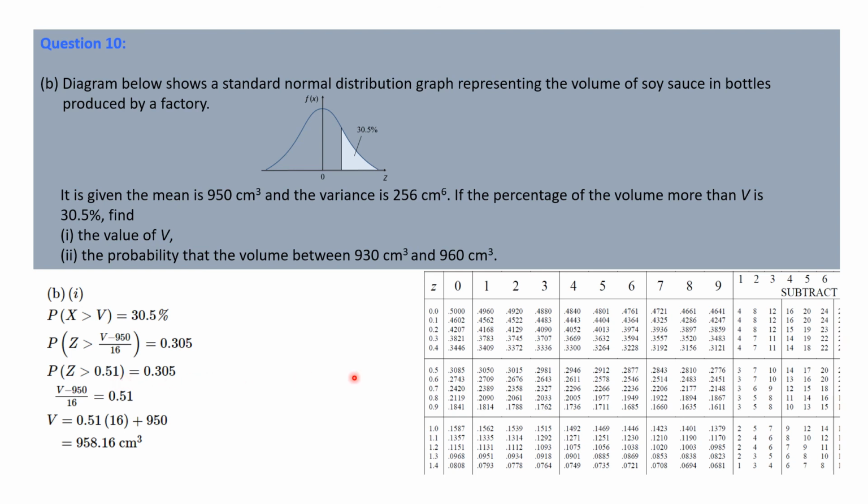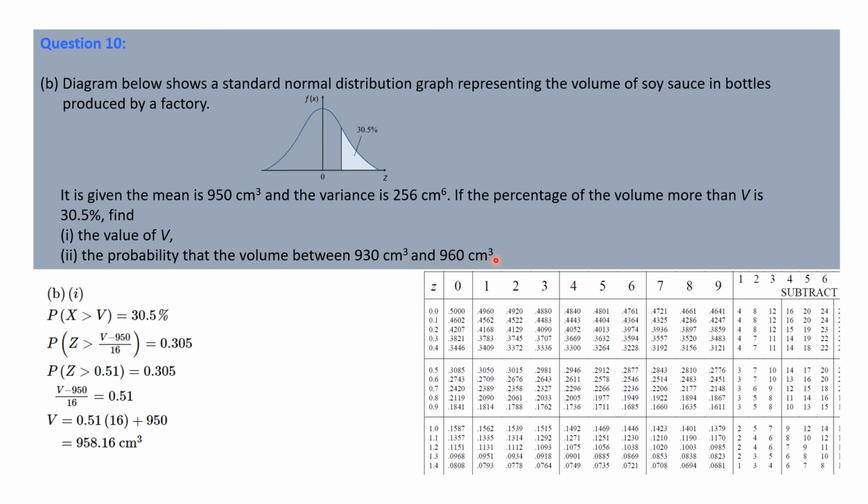So you have to find from inside out. 0.305 is here, and then the value of z will be 0.51. So from here we know that (V minus 950) over 16 is equal to 0.51. So to get the V, we use 0.51 times 16 plus 950. So that's our answer, 958.16.